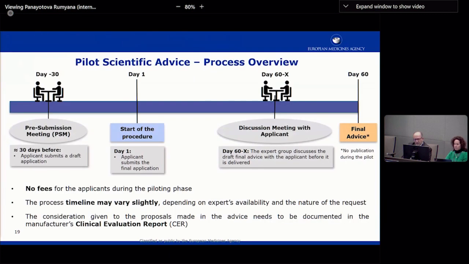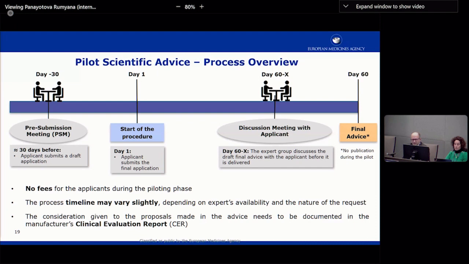Just to give you a quick overview of the process, all the processes will take place more or less during 60 days, so the procedure has a duration of 60 calendar days, but these might need to be adjusted depending on experts' availability and the nature of the request, of course.